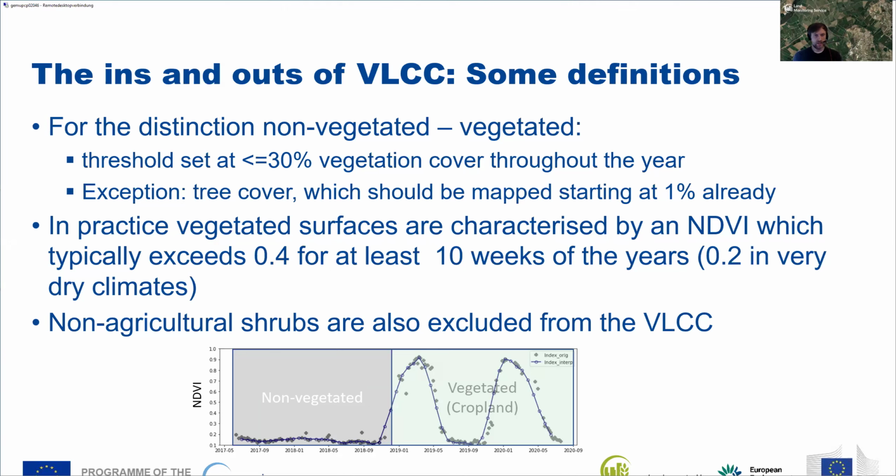So this would be the distinction between non-vegetated and vegetated within the VLCC products. Besides that, there is also one further vegetated part that is not included in the VLCC products, and this land cover component would be the non-agricultural shrubs. So these are not mapped in any of the VLCC products.